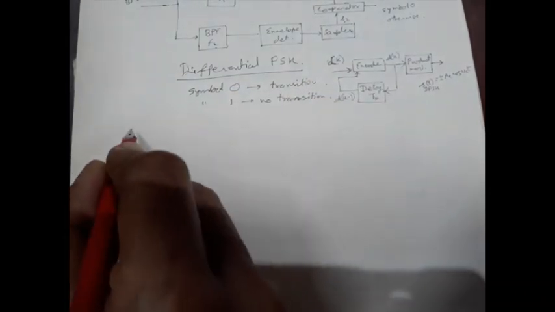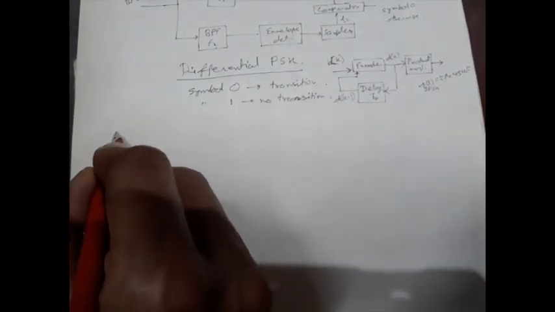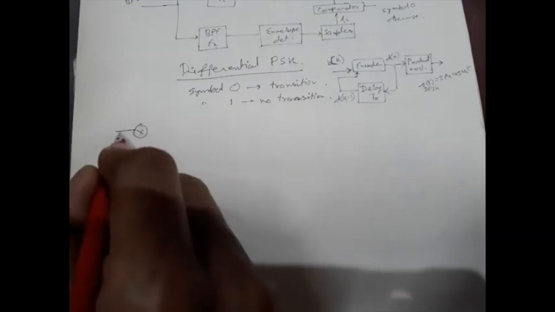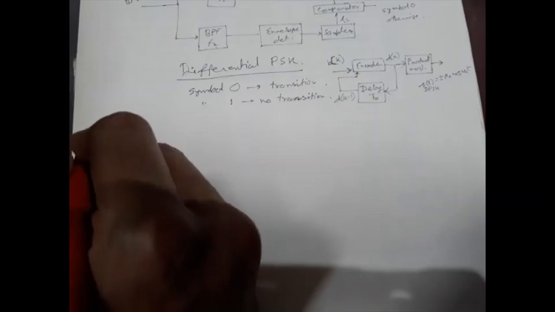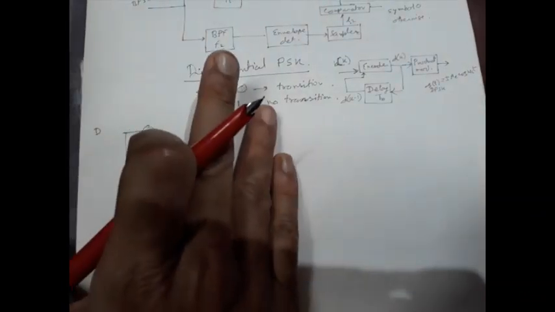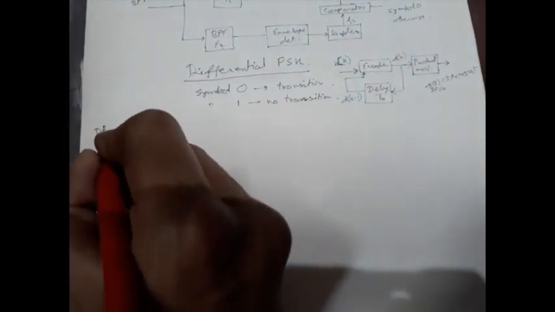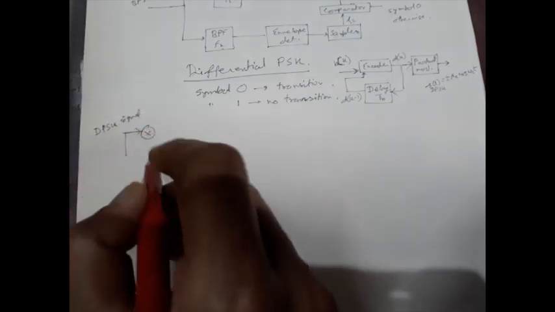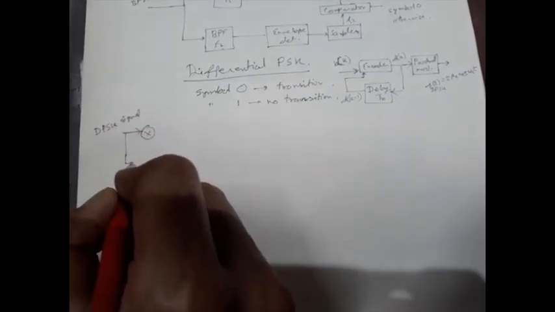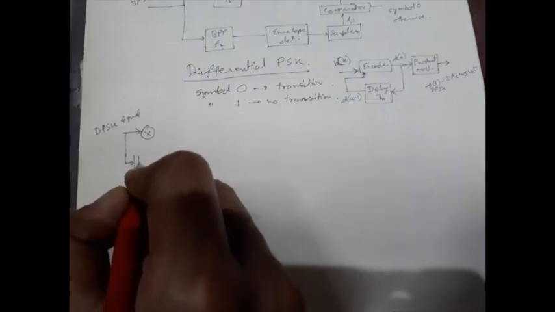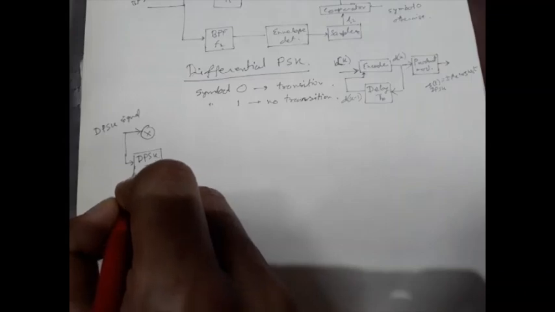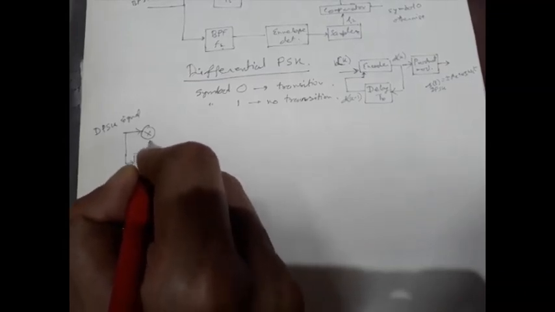For detection, we use a circuit or block like this. This is the incoming DPSK signal, that is first multiplied with the previous one.